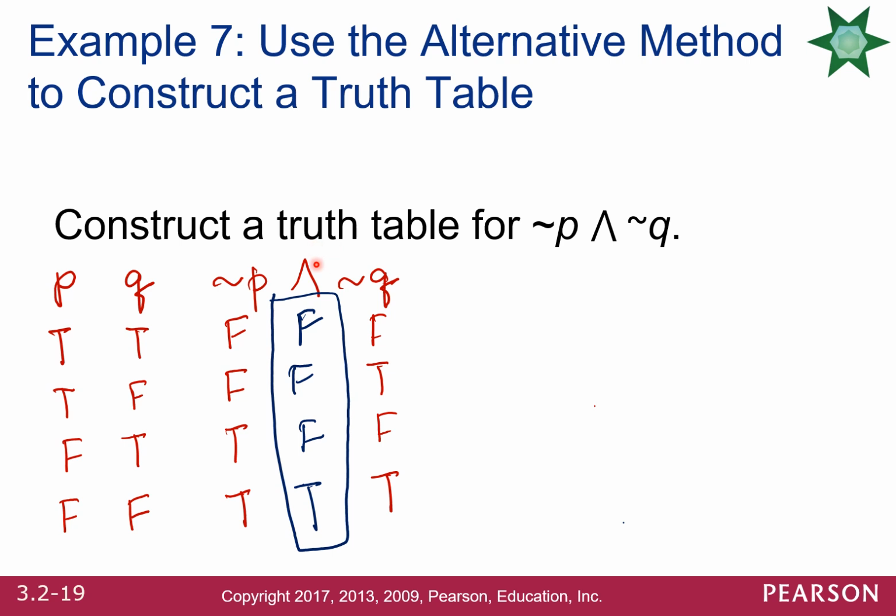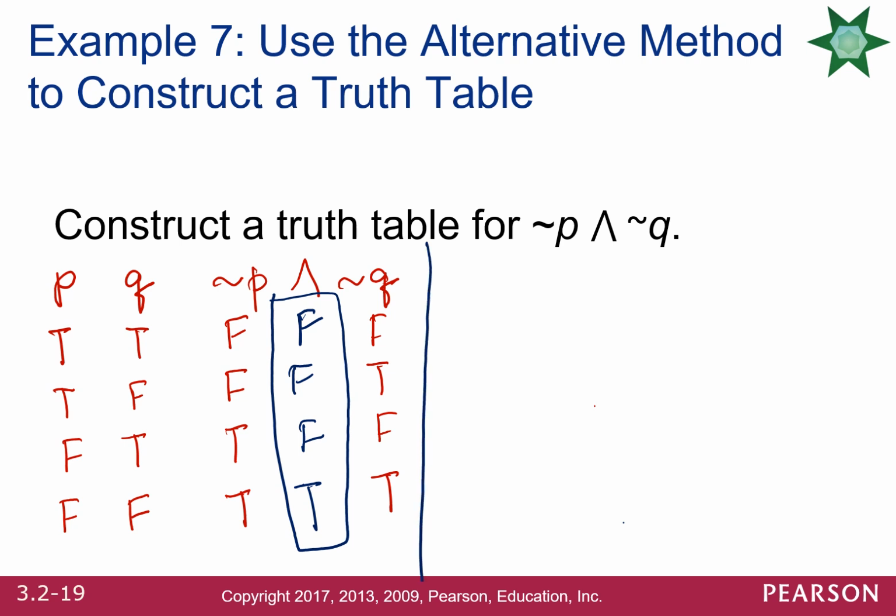All right, so the final result is somewhere in the middle. We would write the values under the AND, the last step, wherever that occurred. The alternative method is going one by one, so let me separate this a little bit.